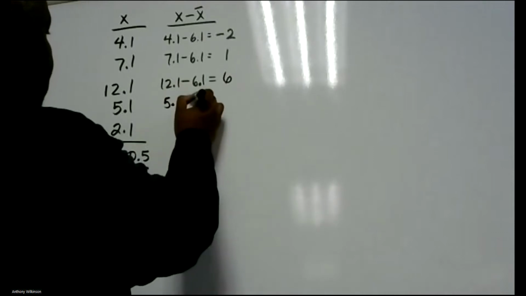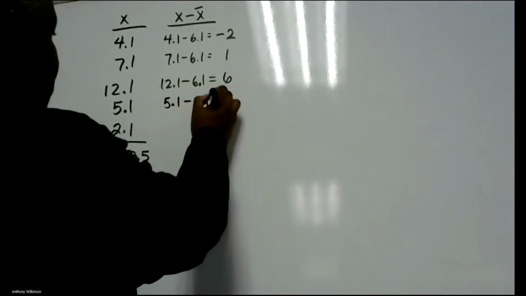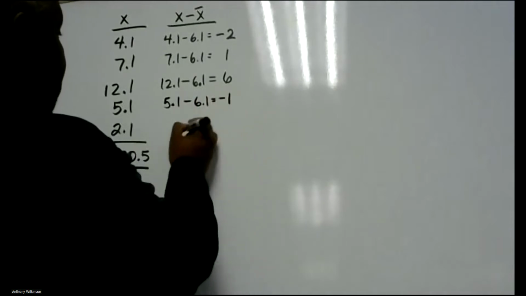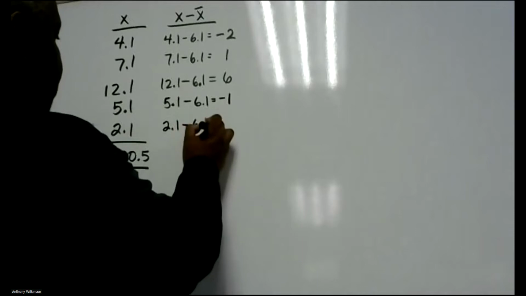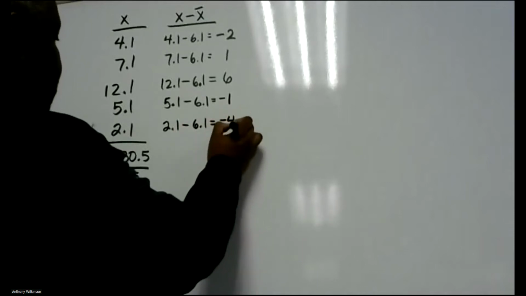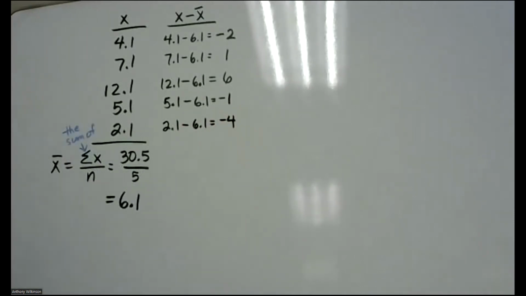And then 5.1 minus 6.1, -1. And then finally 2.1 minus 6.1, -4. All right, so that's what x minus x bar will be for each of these data values here.